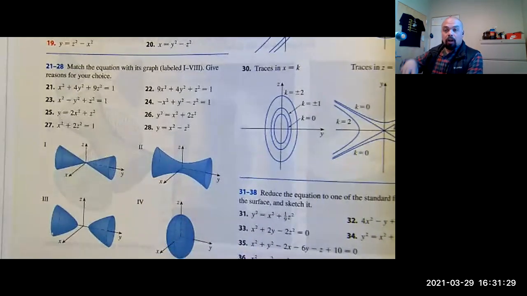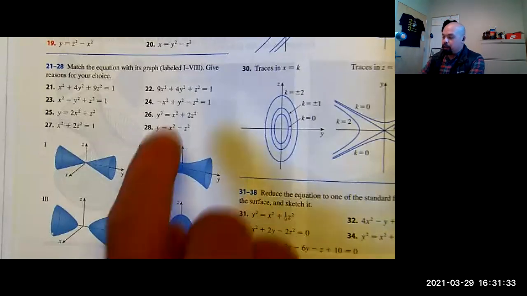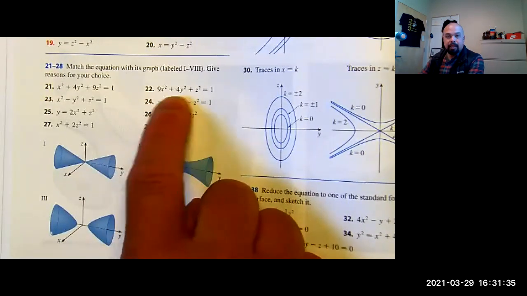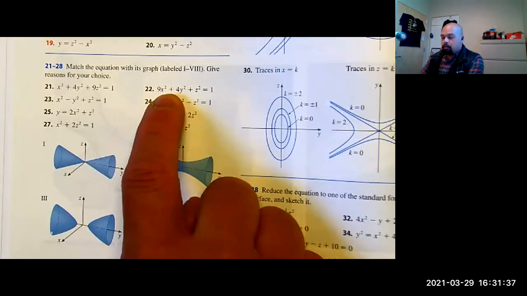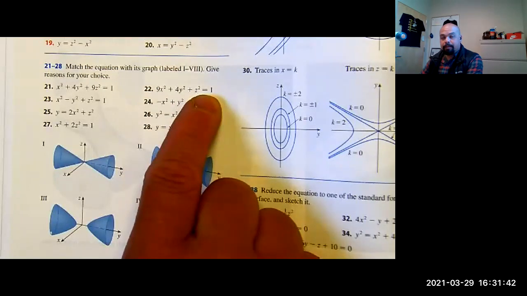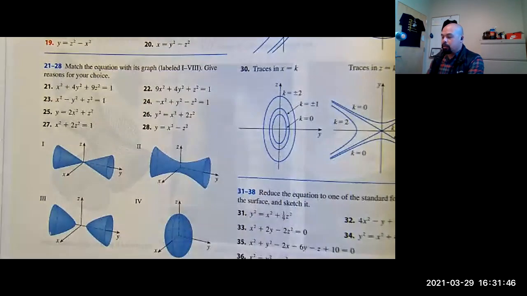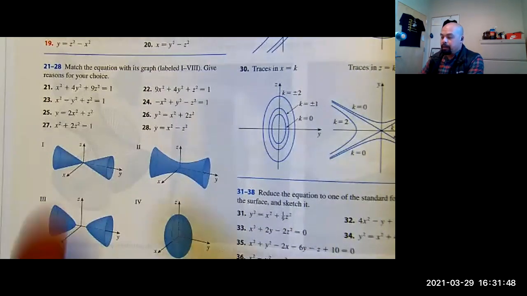The bigger the denominator, the longer, the farther it goes out in that particular variable's direction. So when you divide by, in this case, since these have coefficients 9, 4, we divide by 36 everywhere. Okay, and we can start to see those directions.